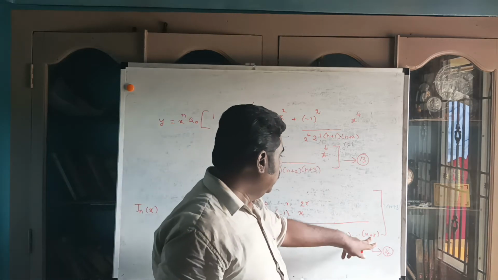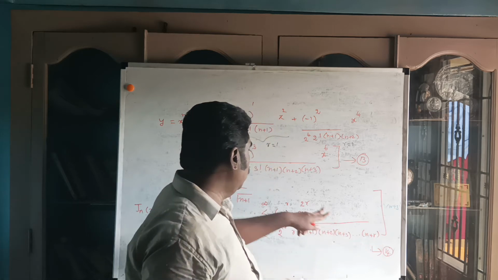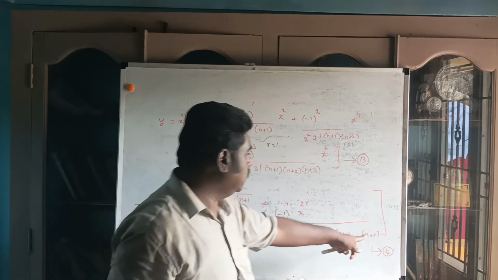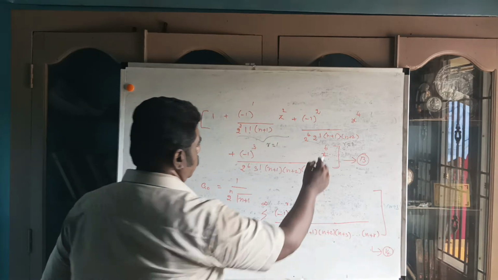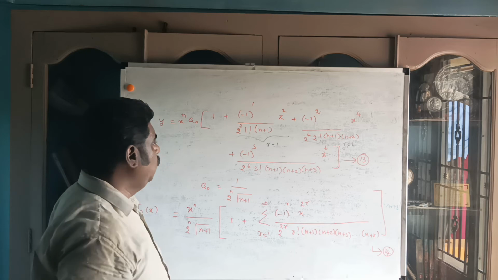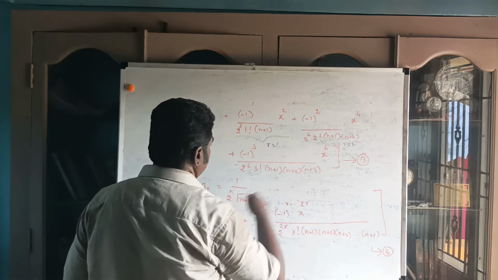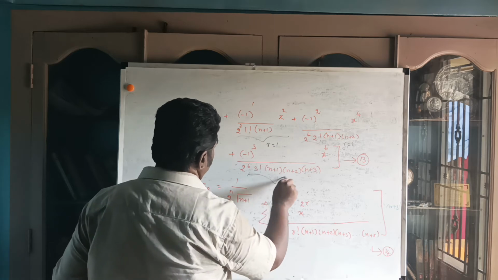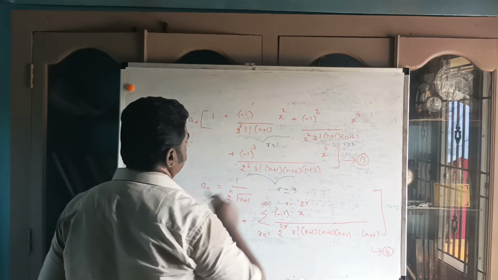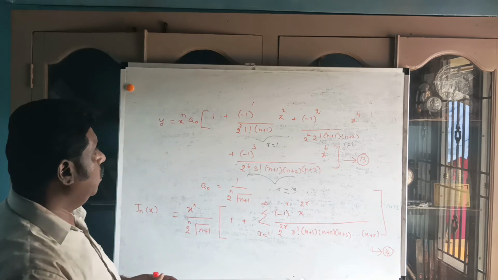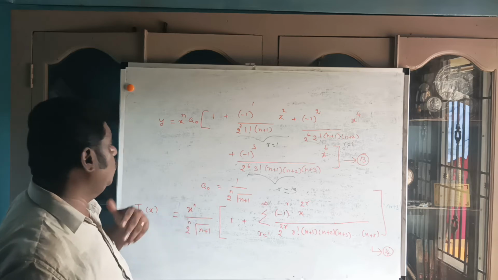Then the term should end with n plus 2. That means we have to add n plus 1 into n plus 2 because r equal to 2. This term is present. If we put r equal to 3, we can get this term. Therefore, the equation 13 is presented in this form.